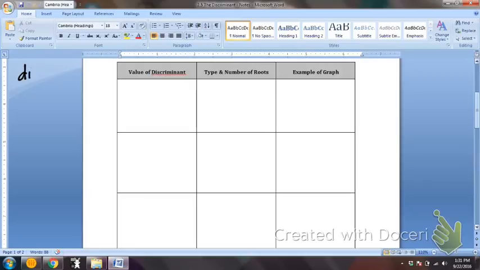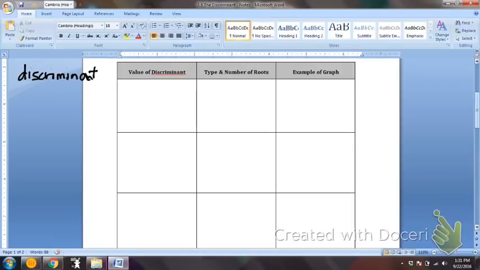The discriminant. There's no E at the end. Yep. Discriminant. I fixed it. This is not discriminate. Those are two different words.